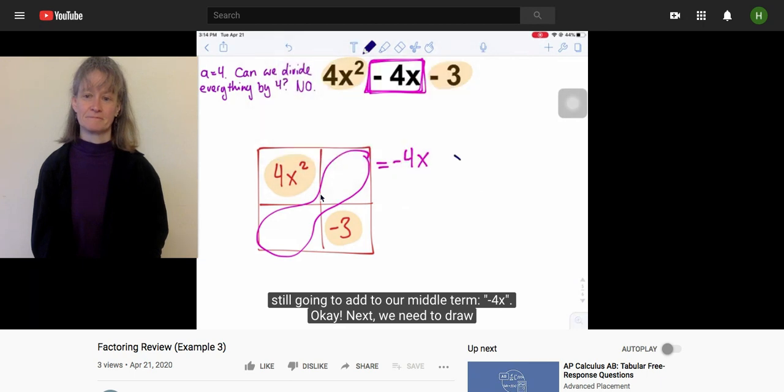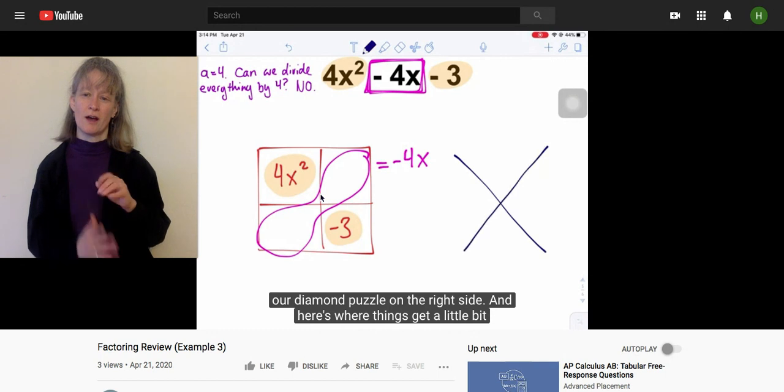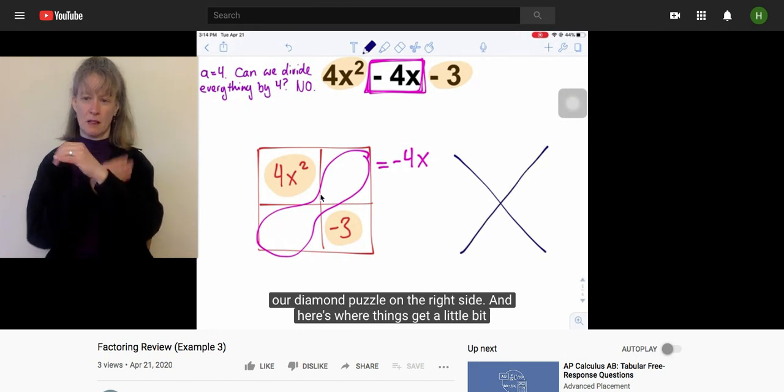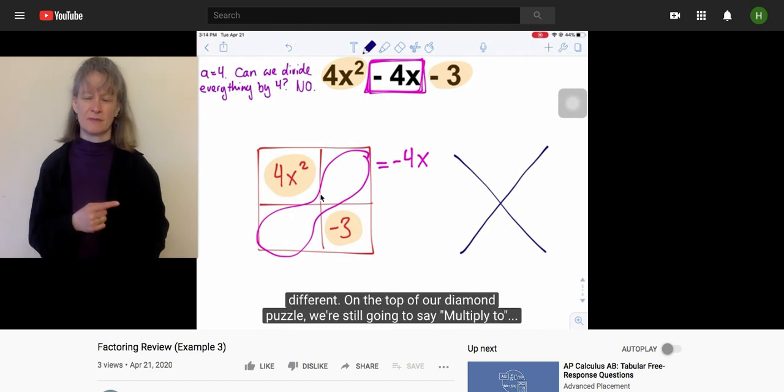Next, we need to draw our diamond puzzle on the right side. And here's where things get a little bit different.